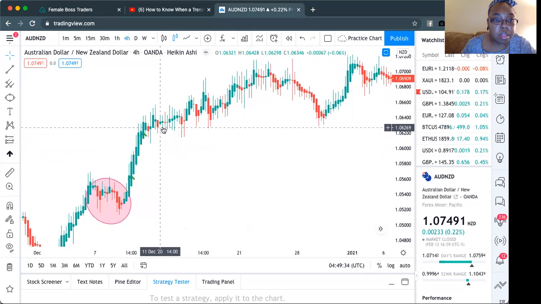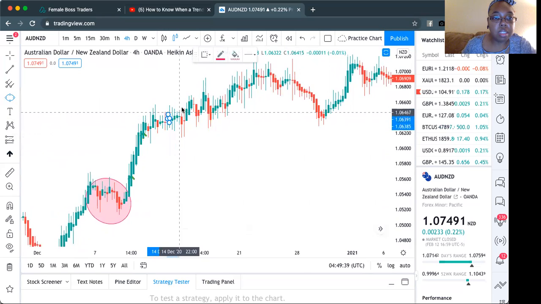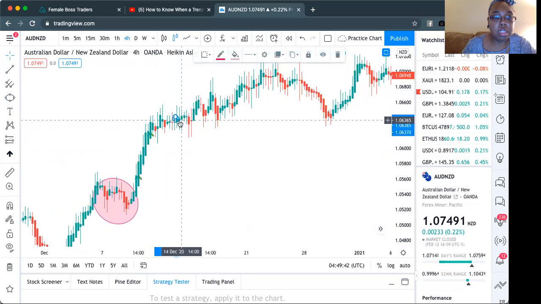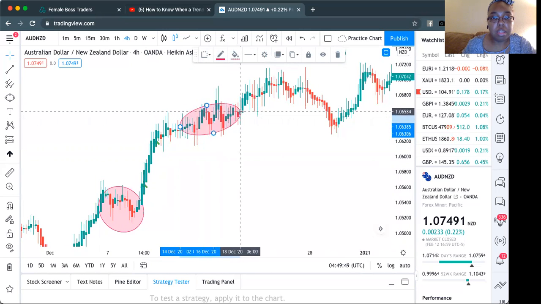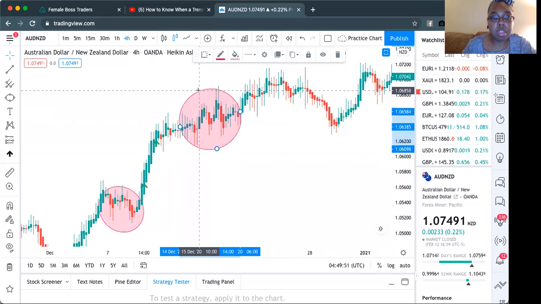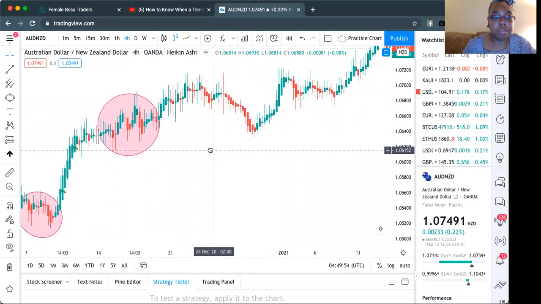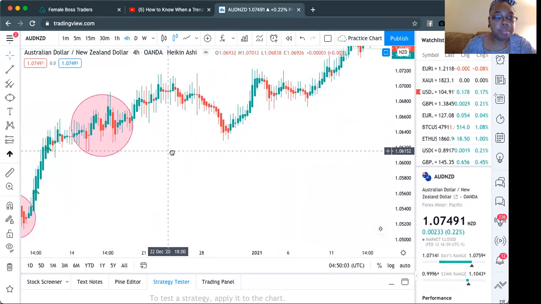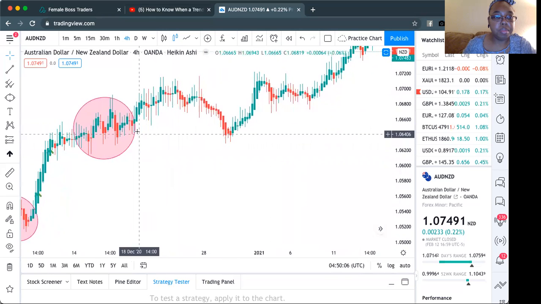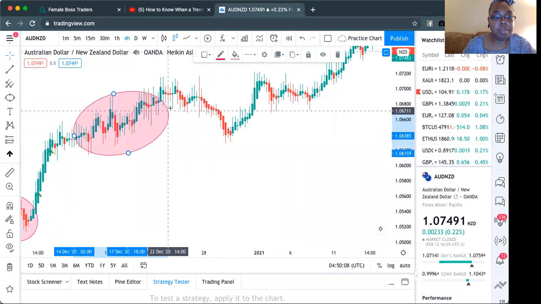And then there's consolidation all right in here. Come on, don't do me like that. I do so bad at marking this stuff up. A lot of consolidation, y'all. A lot of consolidation happening.